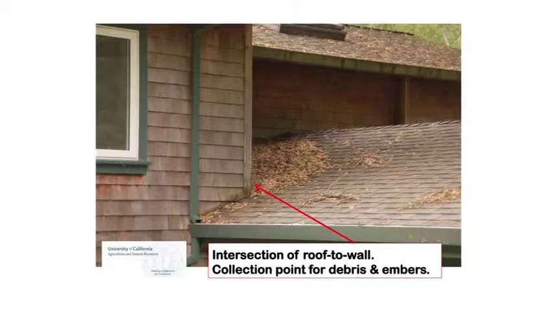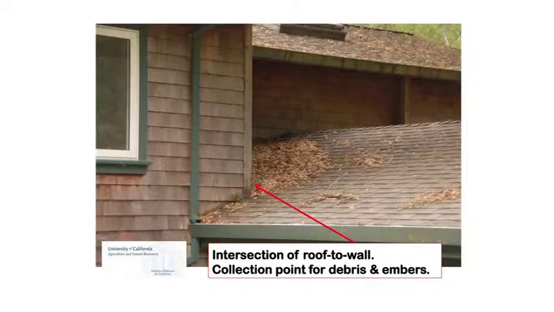So it's an untreated wood shingle siding. And what has accumulated in back of said shingle-clad wall? Leaves and such. And what else can accumulate there during a wildfire? Embers. Okay, so you have a Class A roof. You could feel safe, but because of this particular design, you shouldn't feel so safe.